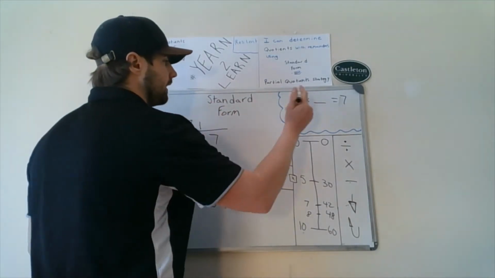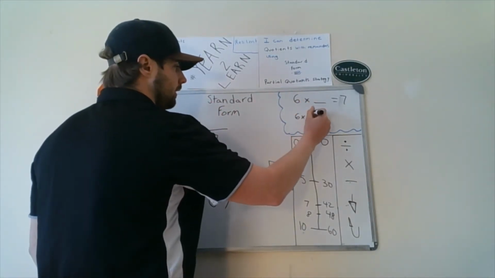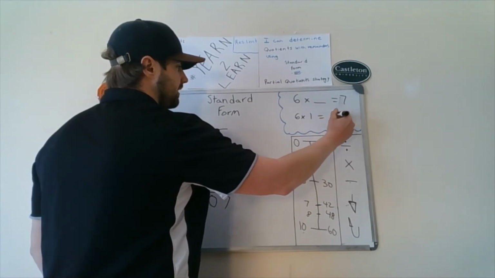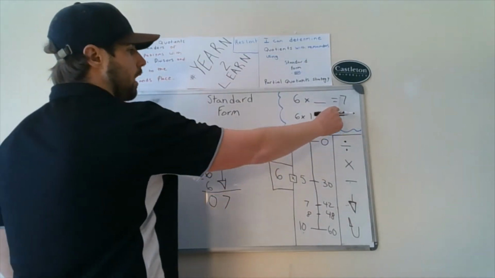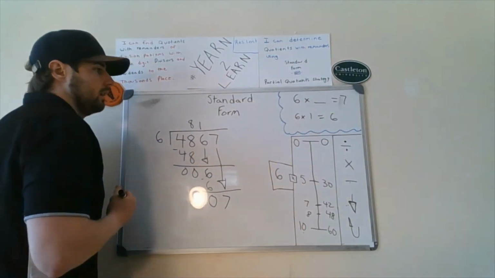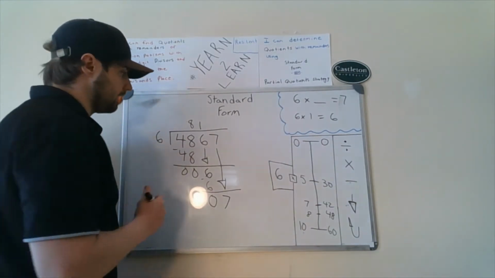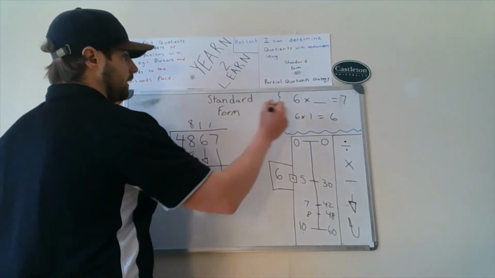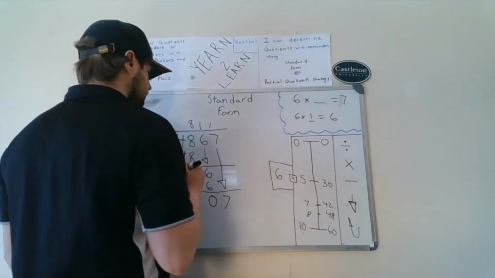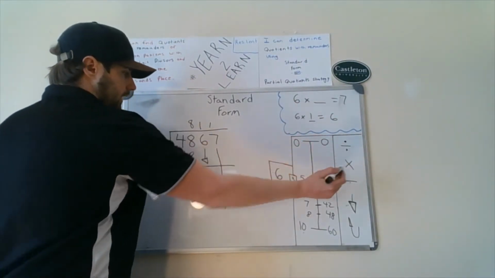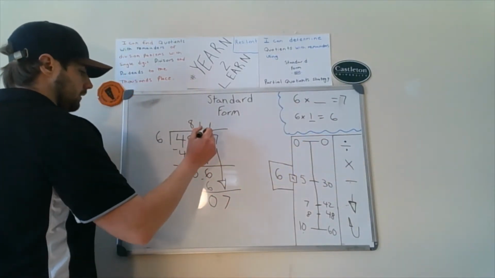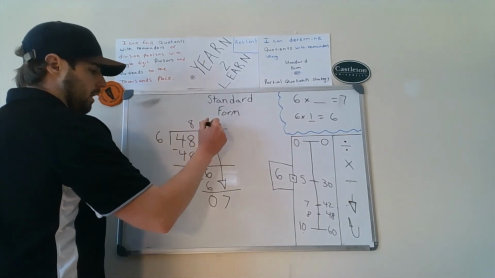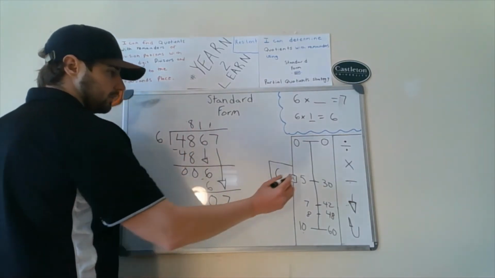Well, I know that 6 times 1, because it's a group of itself, is 6. That is just 1 less than 7. That's as close as I'm going to get. 1. I divided. I need to multiply. 6 times 1 is 6.